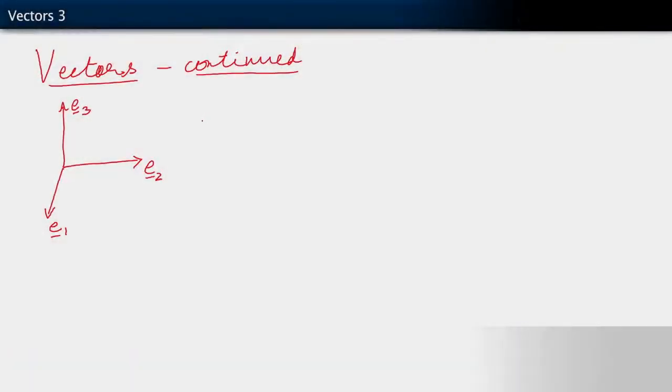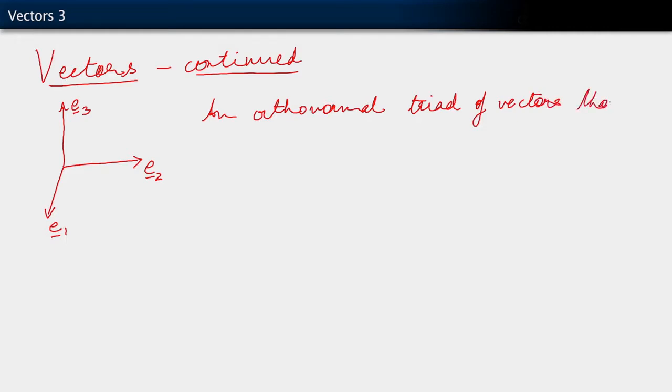We have now introduced right here an orthonormal triad, right? An orthonormal triad of vectors. Okay. In addition, these vectors are right-handed.